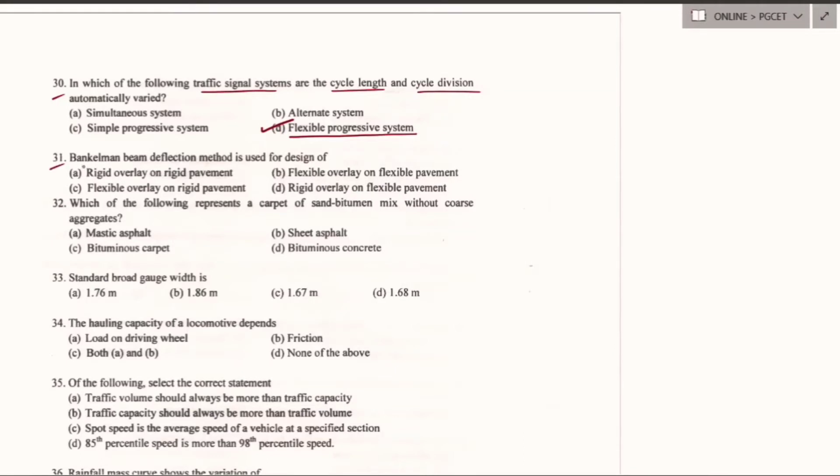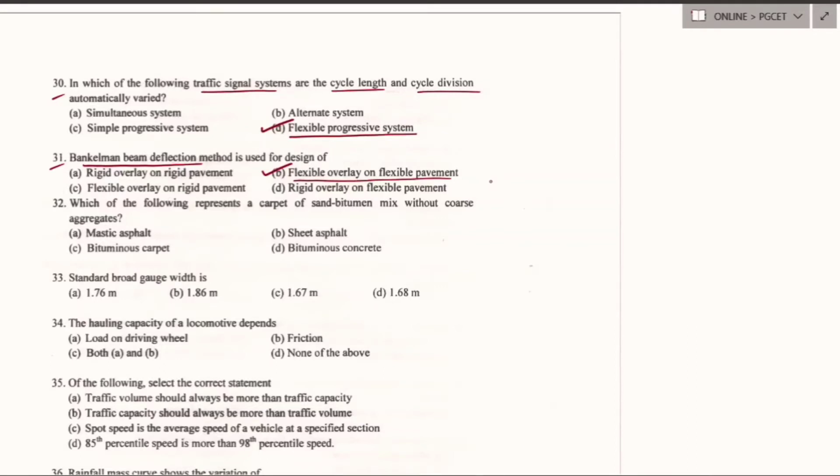Question number 31. Benkelman beam deflection method is used in the design of flexible overlay on flexible pavement. Option B is the right answer. This Benkelman beam deflection method is used for evaluation of structural capacity of existing flexible pavements and also for estimation and design of flexible pavement overlays for the strengthening of any weak pavement for highways.